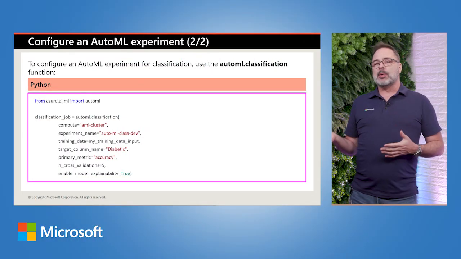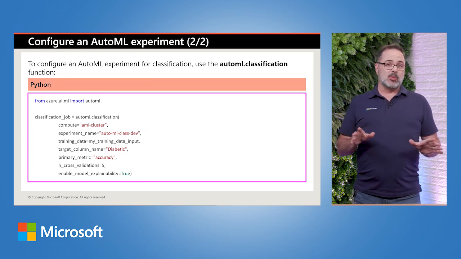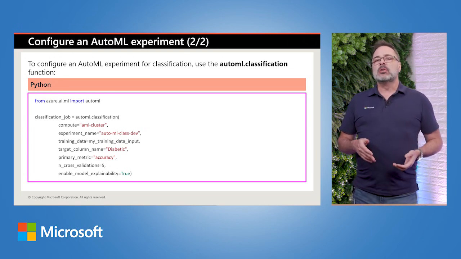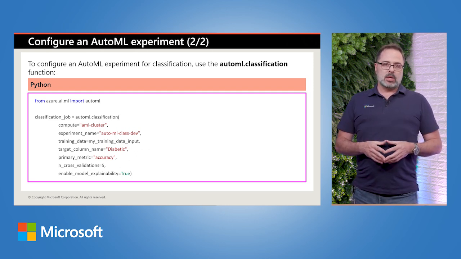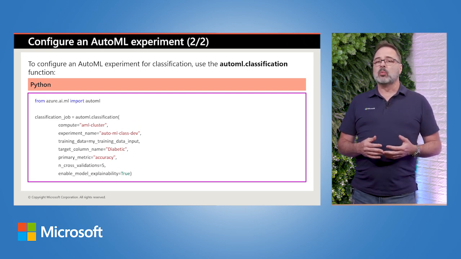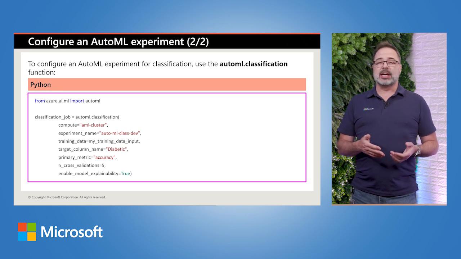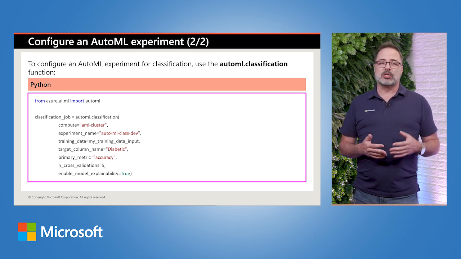So while our AutoML experiment is running, which can take a while, let's review the code that we used in the demo when we were using the Python SDK. In the code on this slide, we can create an AutoML job by configuring the type of model that we want to train models for.